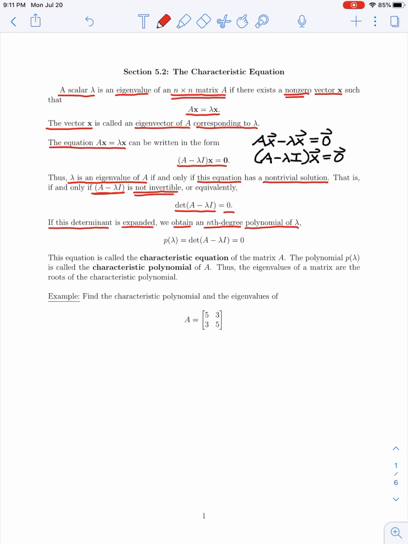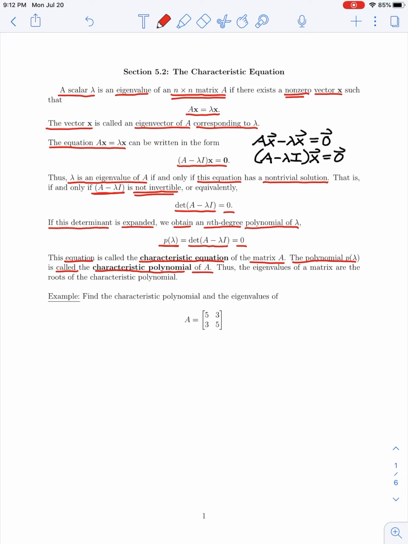When we expand this determinant, this nth degree polynomial of lambda, we might denote it as p of lambda, defined as the determinant of A minus lambda I, and we find our eigenvalues by setting that equal to 0. This equation, which we're trying to solve, is called the characteristic equation of the matrix A, and the polynomial p of lambda is called the characteristic polynomial of our matrix.